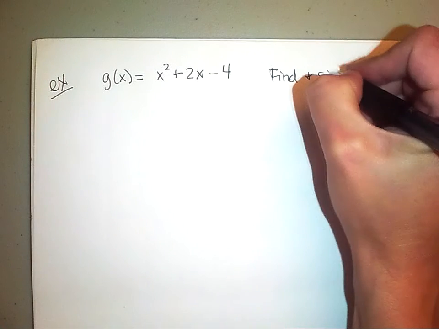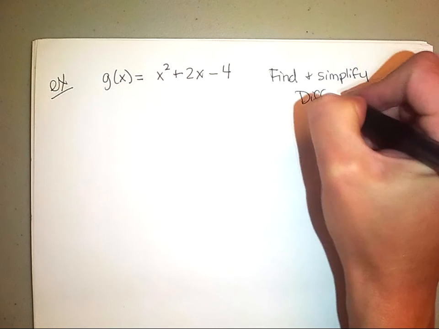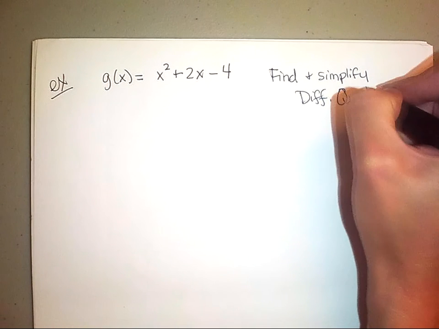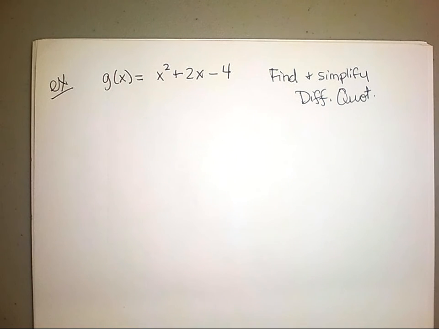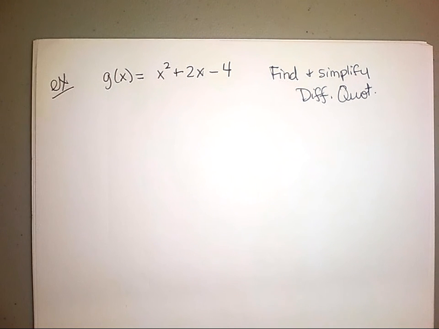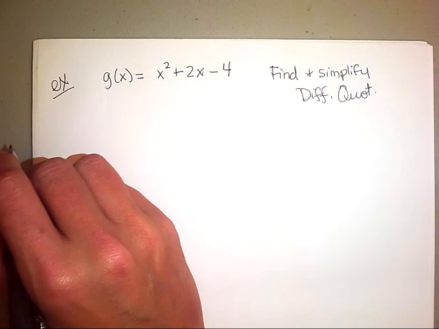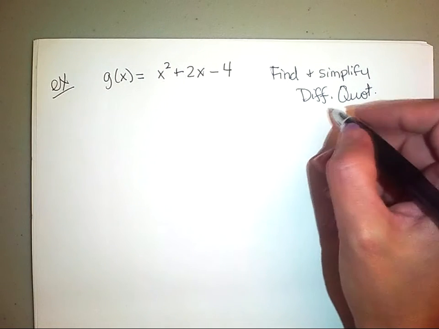Alright, so for example, if g of x is equal to x squared plus 2x minus 4, we want to find and simplify the difference quotient.